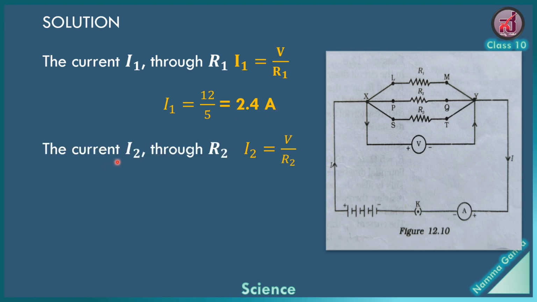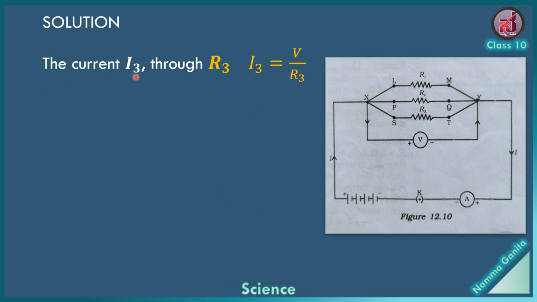The current I2 through R2 is I2 is equal to V by R2, which is equal to 12 by 10, that is equal to 1.2 ampere.